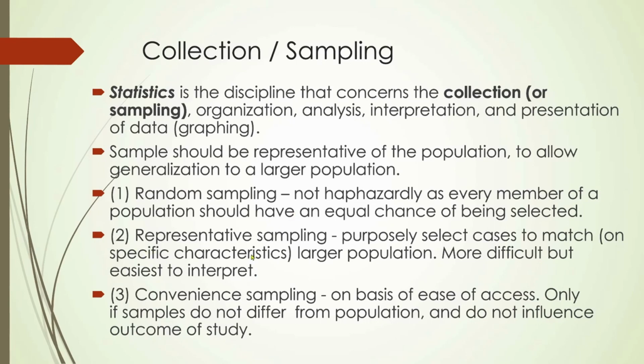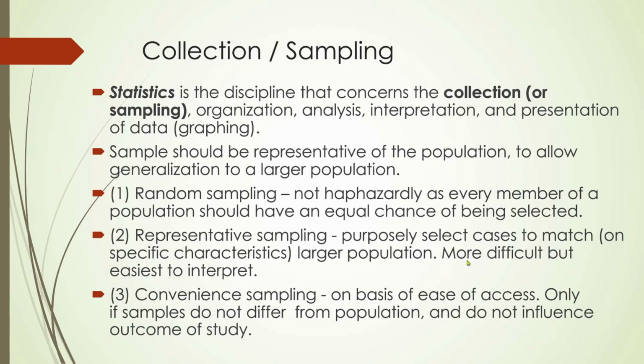Next, representative sampling, where you purposely select cases to match the larger population. This is usually done for clinical studies or social sciences, where a certain racial profile or gender profile is purposely selected to match the larger population.